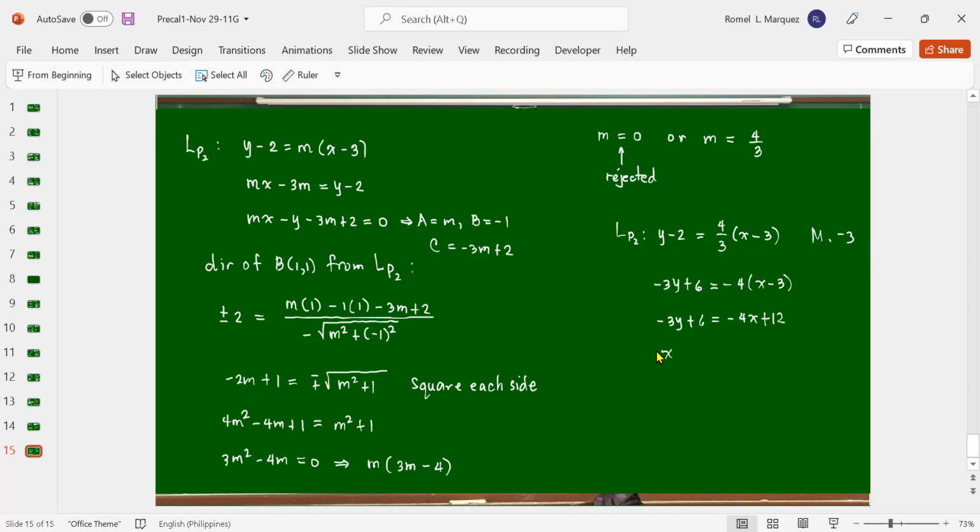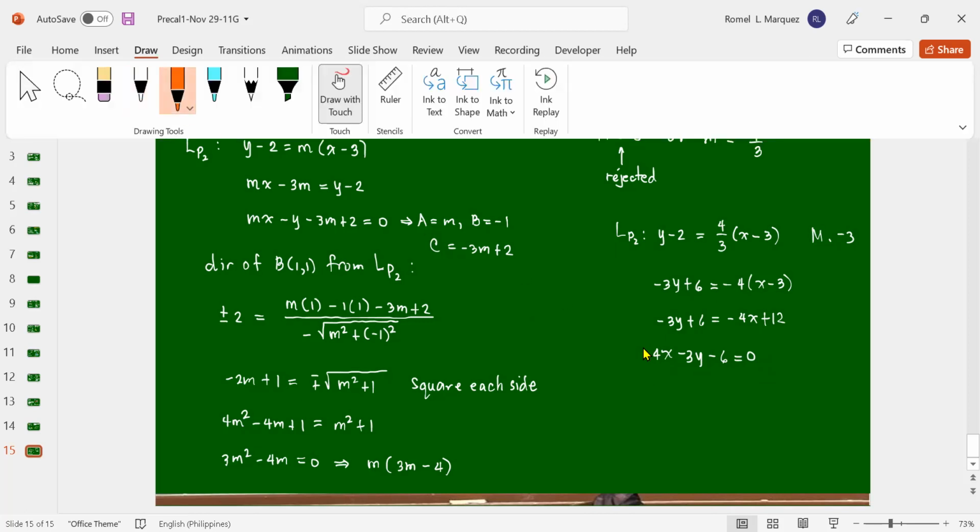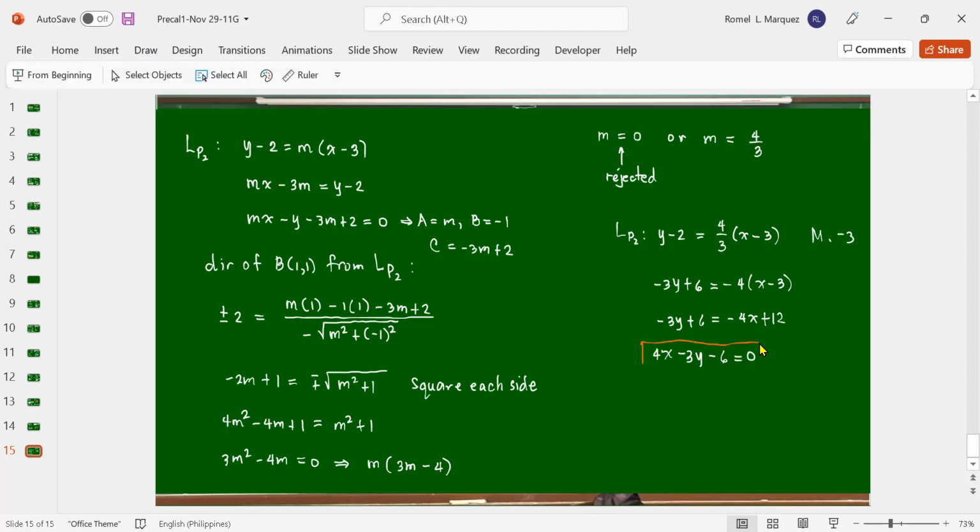Finally, we have 4x minus 3y minus 6 equals 0. So this is the equation of the line, which is another possible line. One is vertical and one is slant. Okay. So that's it.